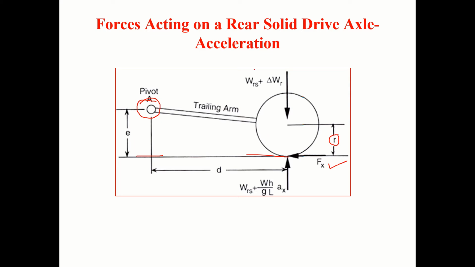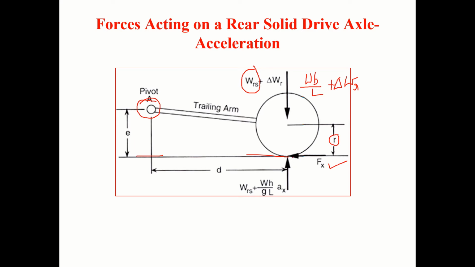During acceleration, you already have the static load WRS, which is nothing but W b by L, where L is the wheelbase length. To that, the dynamic load gets added. That is nothing but, let me call it delta WR, and that delta WR is nothing but W by g times h by L times Ax. This is the reaction force. Correct.